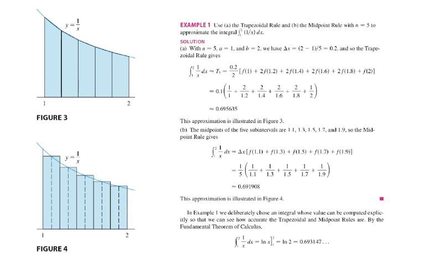Now we know that the integration of that is natural log of x. So when you go from 1 to 2, they give you an exact answer down here at the bottom. And this is the answer they come up with for the midpoint, and this is the answer they come up with for the trapezoid rule. So take a minute, work through those examples, pause this video, and then come back when you're ready.